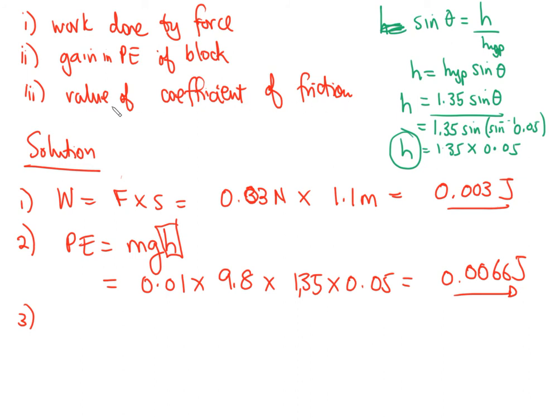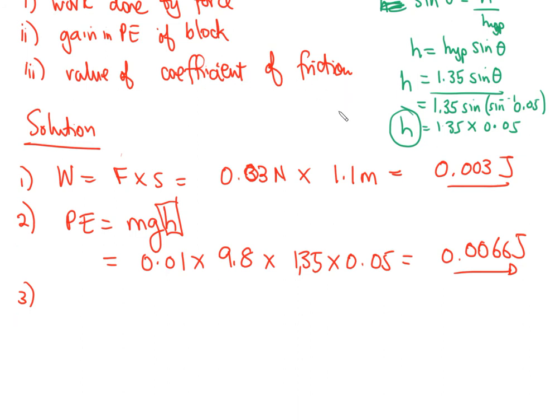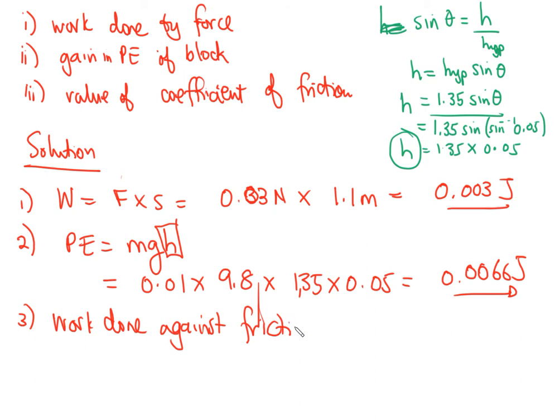So now we're looking for the value of the coefficient of friction. Here, the work done against the frictional force is equal to the work done by the force minus the work that went to gaining PE, the gain in PE.